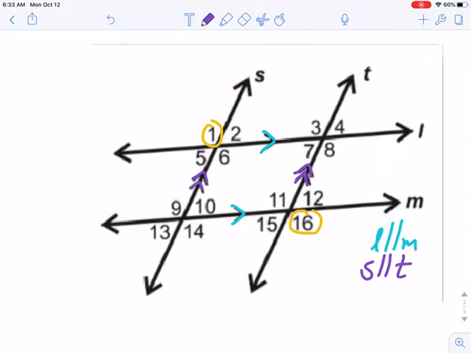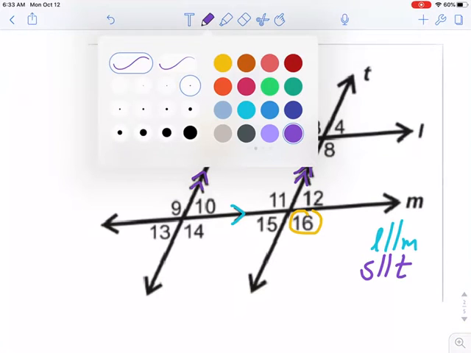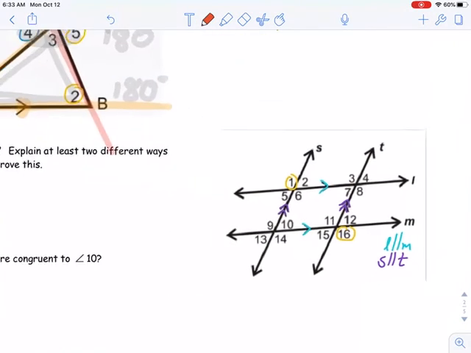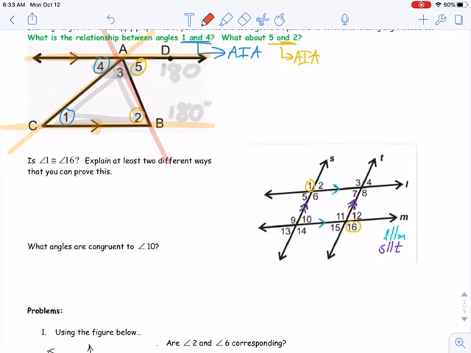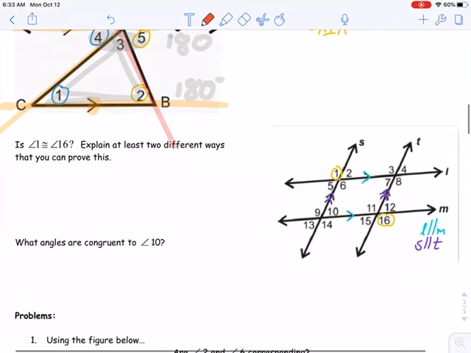Alright, so let me zoom out a little bit. Let me pick a good color. I like this color. Forest orange. Alright, I know that 1 is congruent to angle 9 by the corresponding angles postulate.